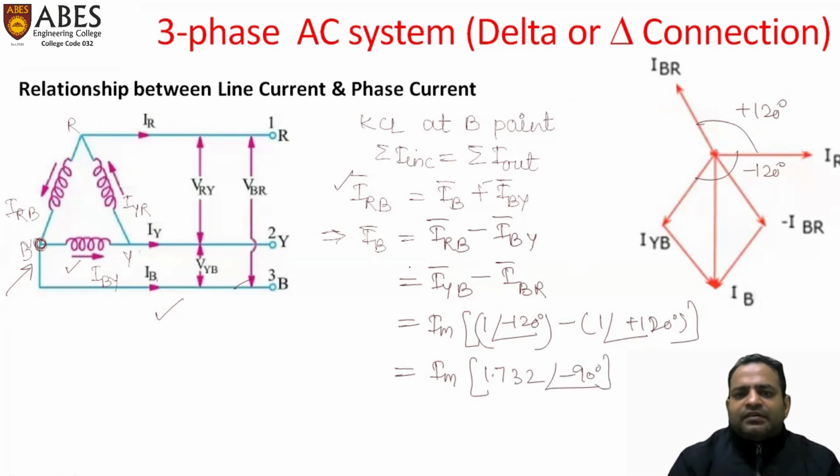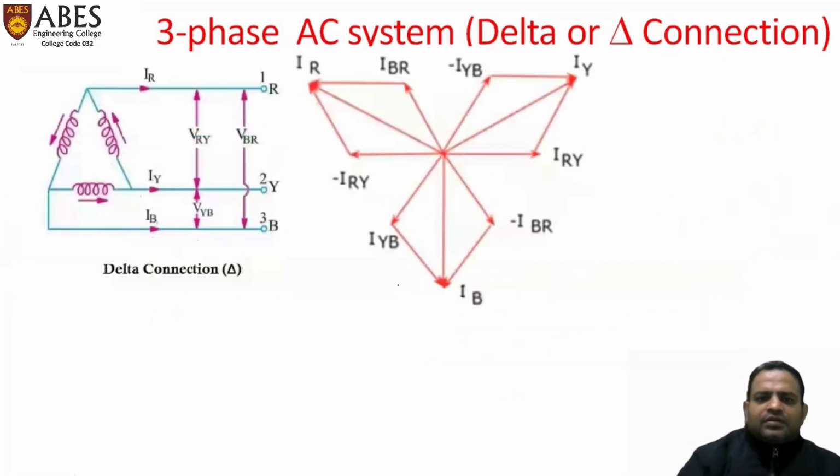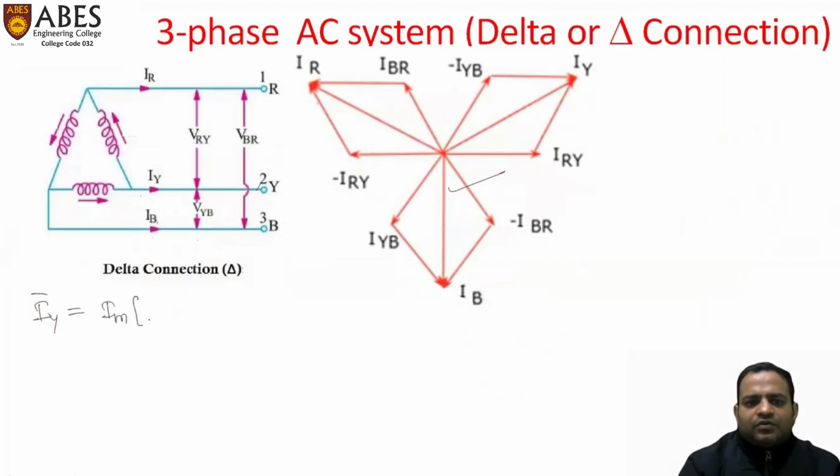So in this way, we get three relationships. First, IY, that is Im 1.732 at an angle 30 degree.